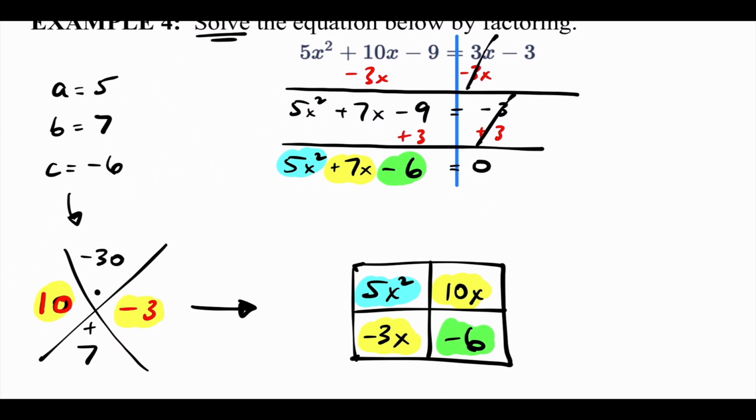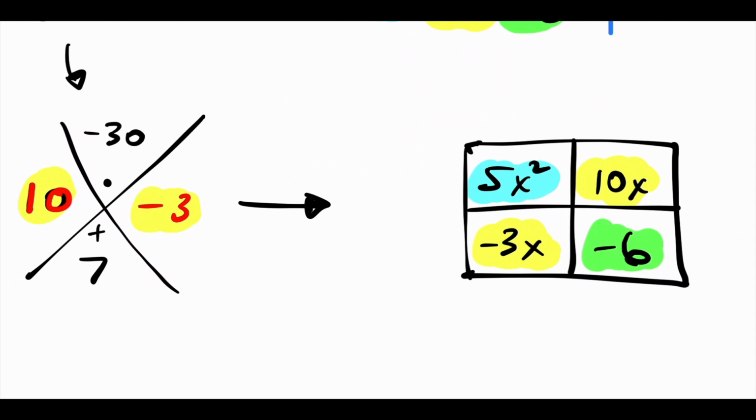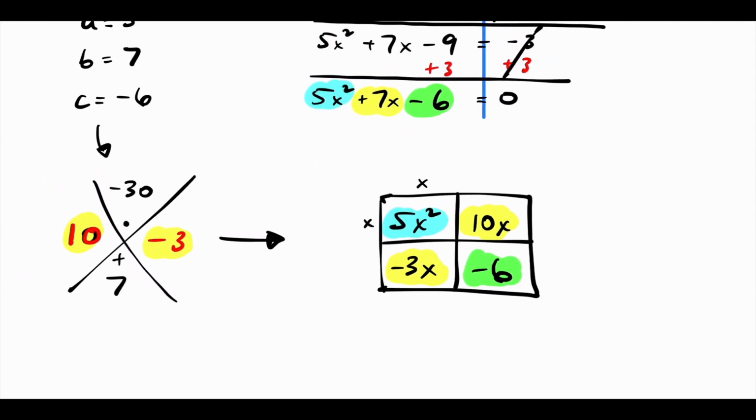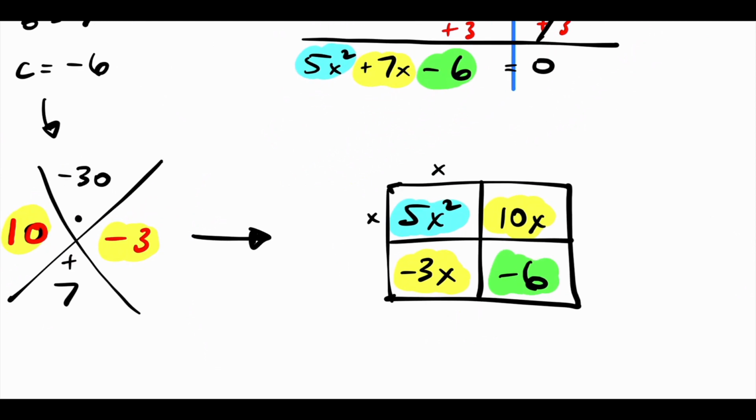Remember, the yellows can be switched. You can put negative 3 and positive 10. The yellows can be switched. X times x. Well, the only way to make a 5 is 5 times 1. That's the only way to make a 5 using multiplication.